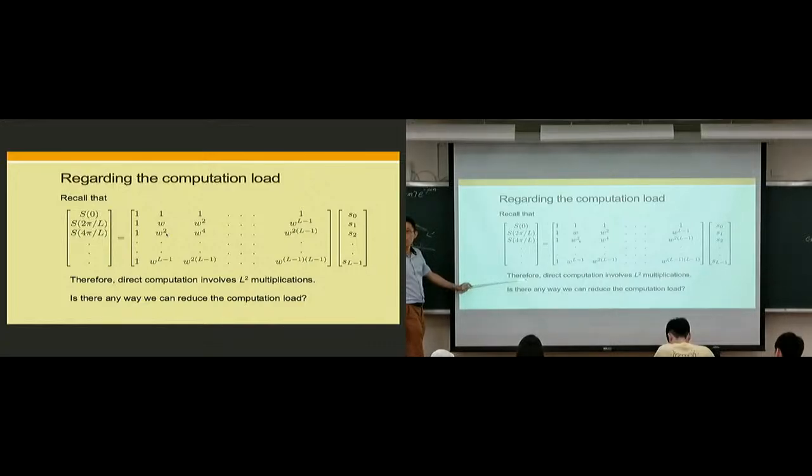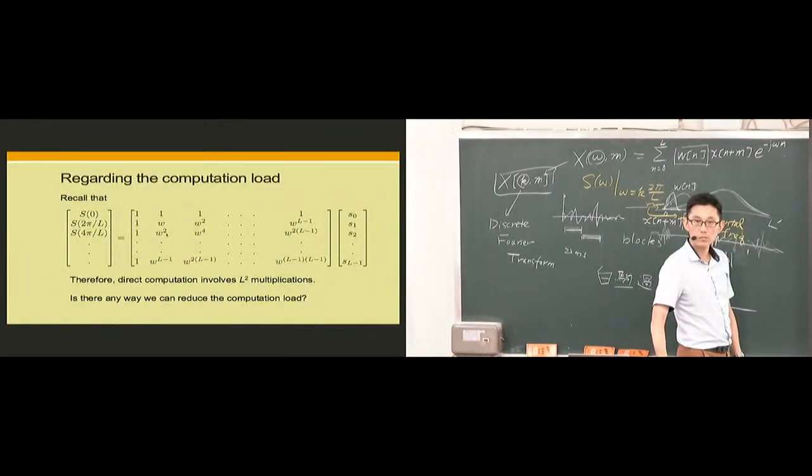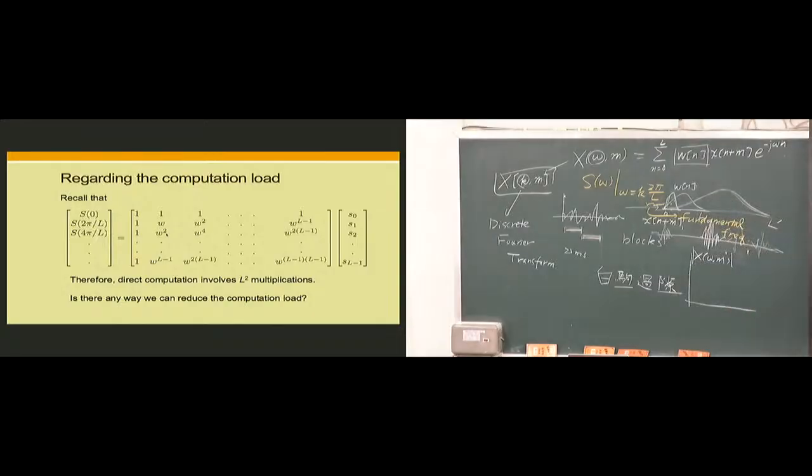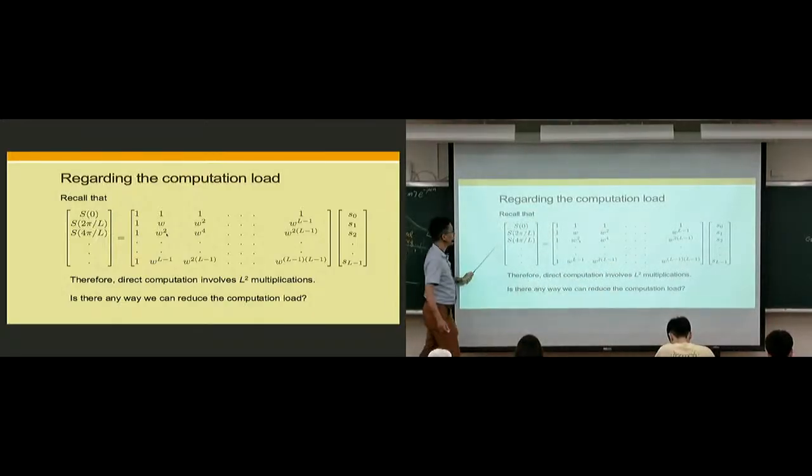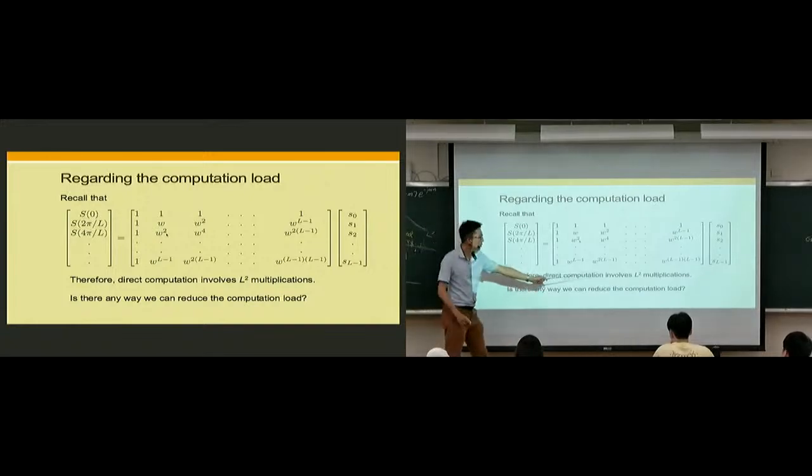Because it's summing the product, summing the product, summing the product. For each element, it takes L multiplications, as well as summation. So roughly speaking, direct computation of the Fourier transform involves L square multiplications. That's the order of computation load.